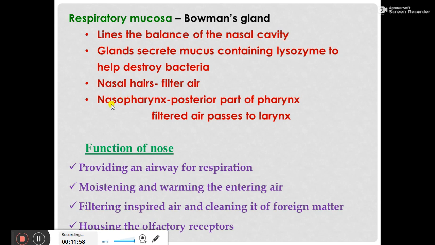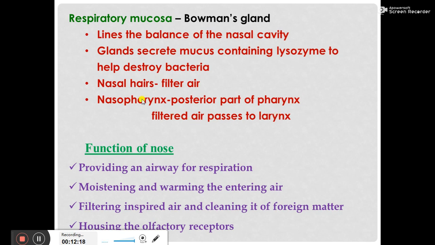Another part you should be very well aware of is the nasopharynx. What is the nasopharynx? It is a combination of the nasal chamber and the pharynx part. This is the posterior part of the pharynx, and it helps to pass the filtered air to the larynx.